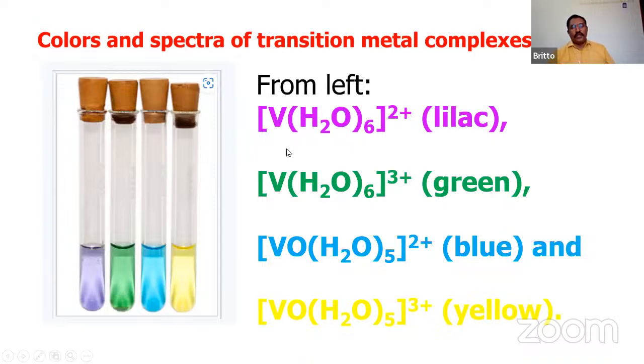Vanadium 2 plus hexaaqua complex can have 2 colors, lilac and green. Similarly, there is a vanadium oxide complex that can also form blue and yellow. The same vanadium 2 plus state can exist in 2 different colors.